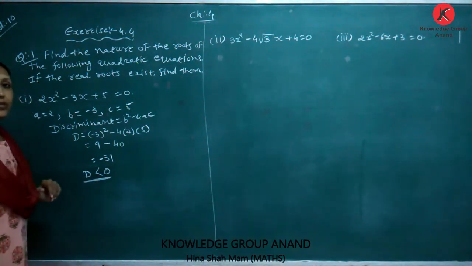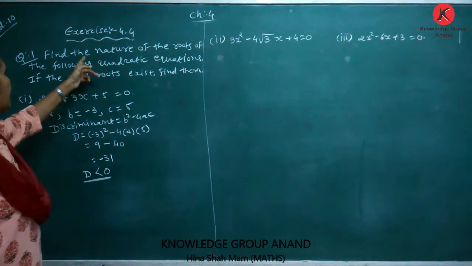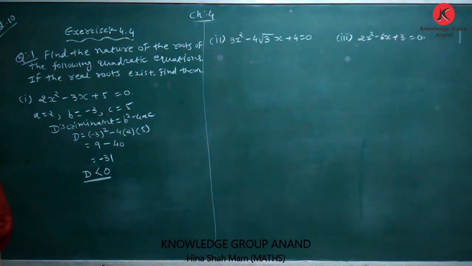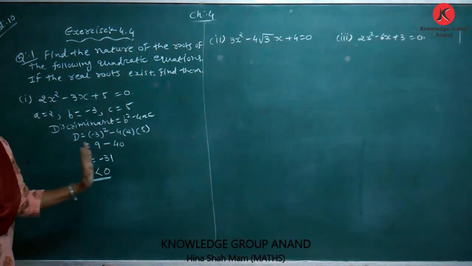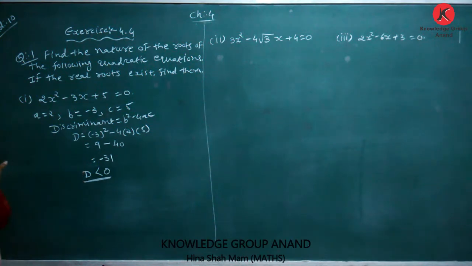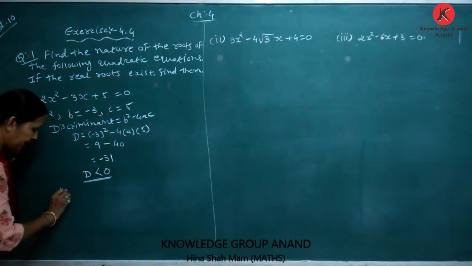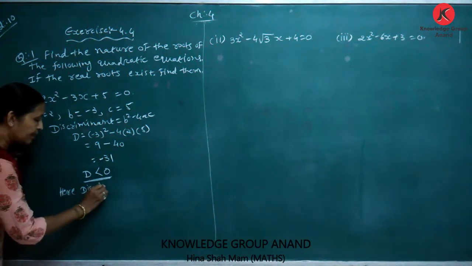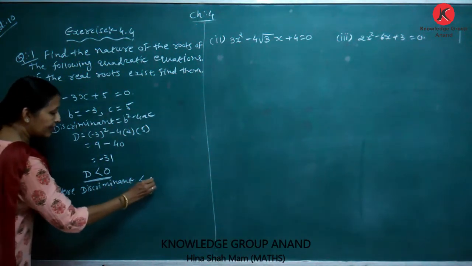D less than 0. What is the nature of its roots? The equation has no roots. Here the discriminant is less than 0.